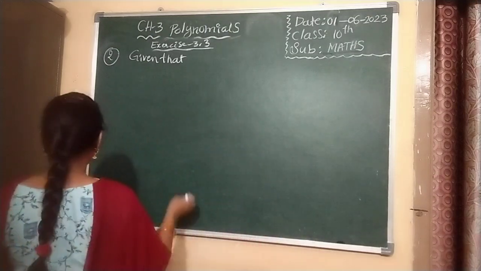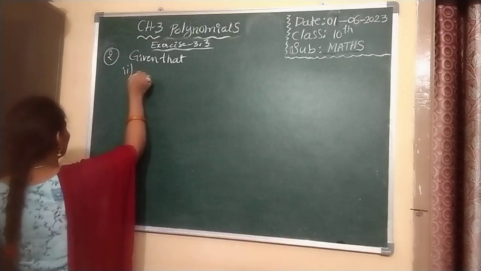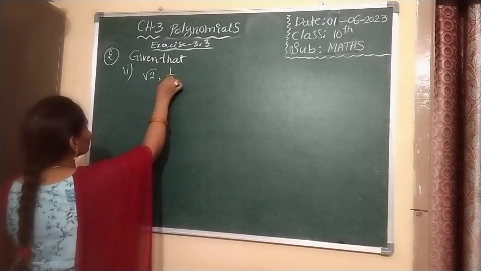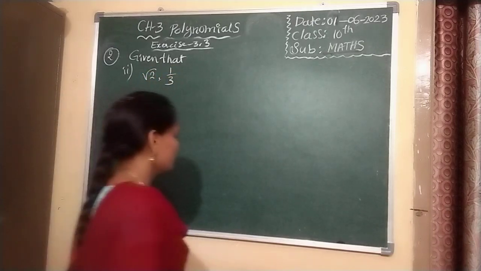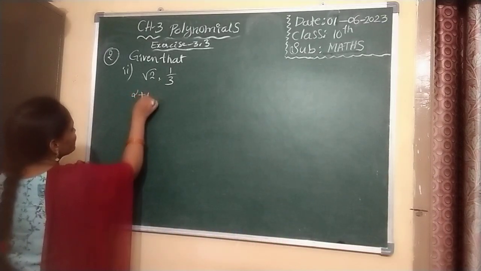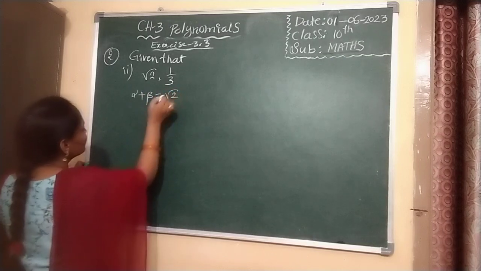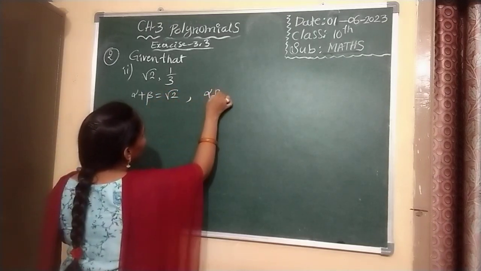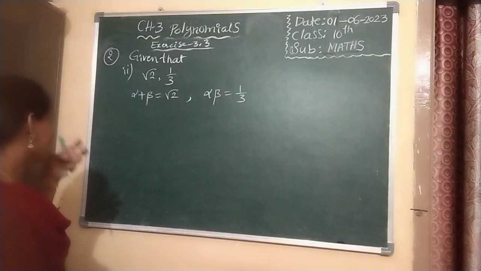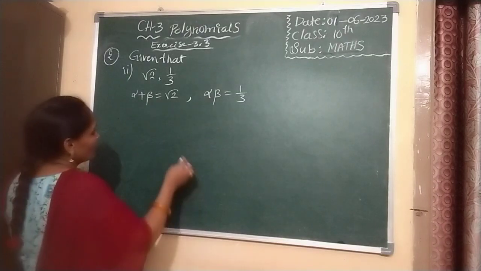The second bit is root 2 comma 1 by 3. Now the sum of the zeros: alpha plus beta is equal to root 2, and alpha beta is equal to 1 by 3. Now we should write the quadratic polynomial.